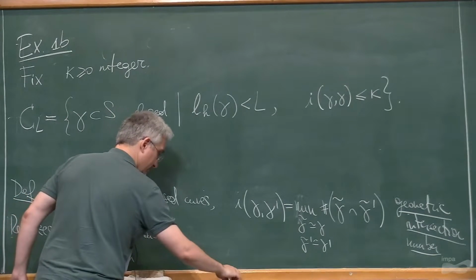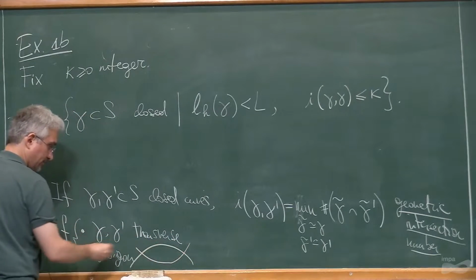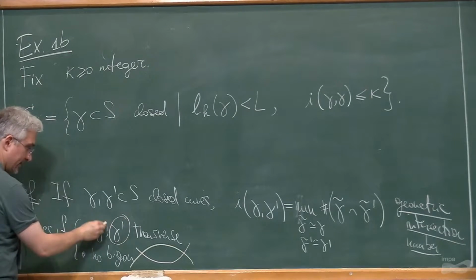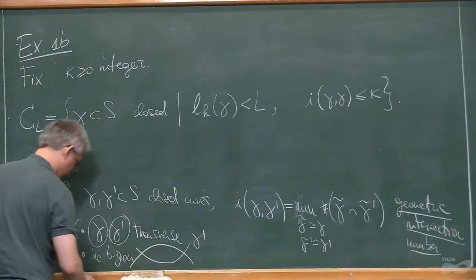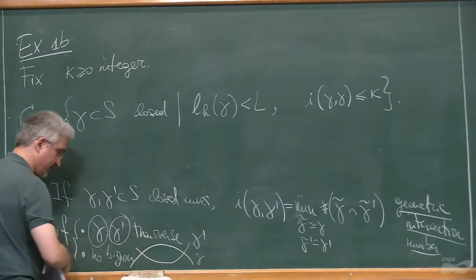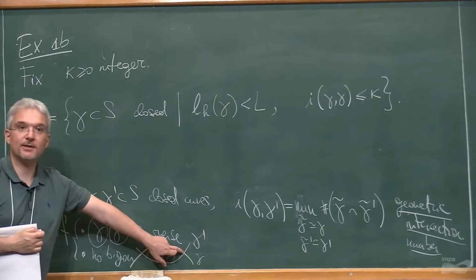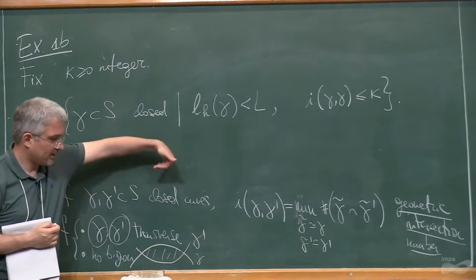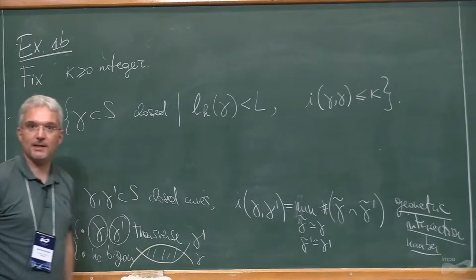It means that they're not allowed to do something like this. If this is gamma prime and this is gamma, you shouldn't see something like this in your surface, because you would have two extra intersections that you can avoid by pulling gamma prime up and deforming it. So you put them in a position where they are transverse and form no bigon. You can always do this. You put them in minimal position, and then the intersection realizes this.